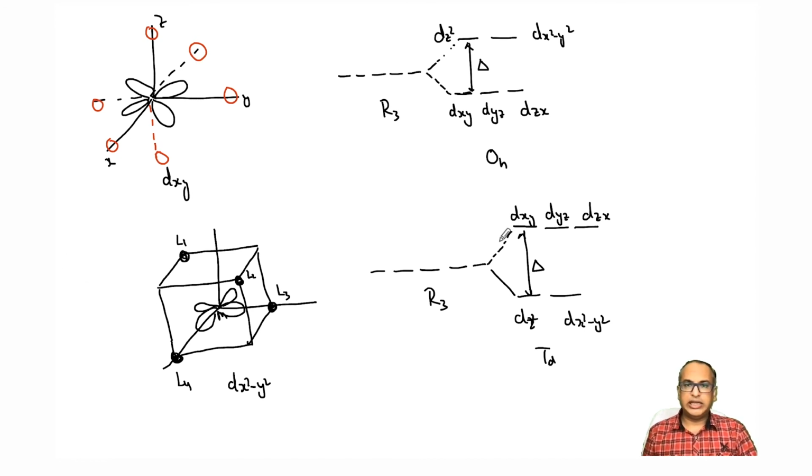So the change in energy or the perturbation is also higher in OH. So this delta I will say delta OH, and this I will say delta TD. So relatively speaking, delta OH will be higher than delta TD. Okay.